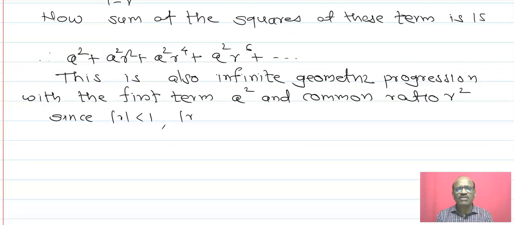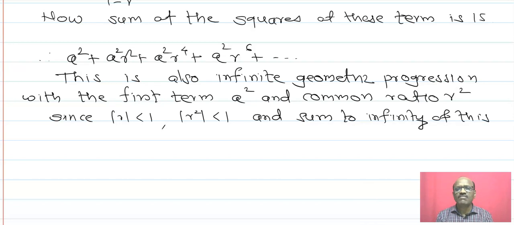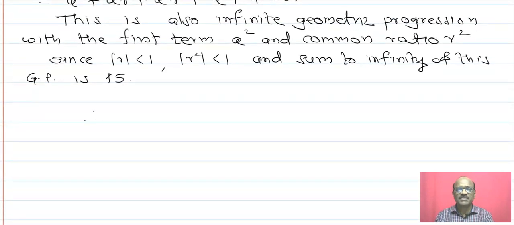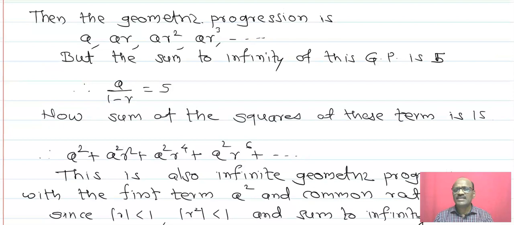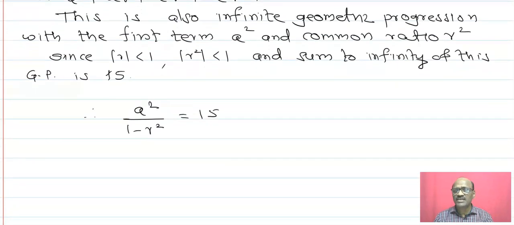Since mod of r is less than 1, mod of r square is also less than 1, and the sum to infinity of this GP is finite, which is 15. Therefore a square upon 1 minus r square is equal to 15.